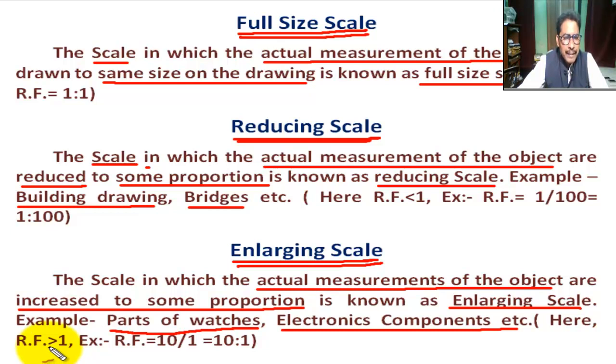Length of the drawing is greater than actual length of the object, so RF greater than 1. Example, RF equal to 10/1. Length of the drawing 10, actual length of the object 1, so RF equal to 10:1.